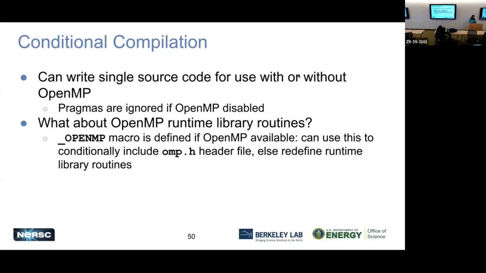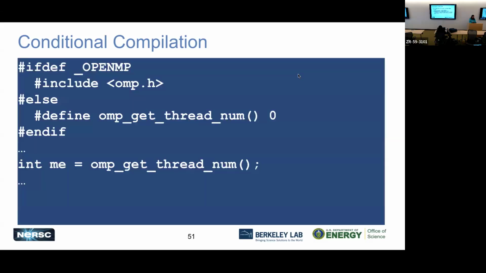One almost last thing I want to mention is the macro defined in the OpenMP specification, underscore OpenMP. The issue is, if your source code has OpenMP functions called and you compile without an OpenMP flag. Did I mention this?